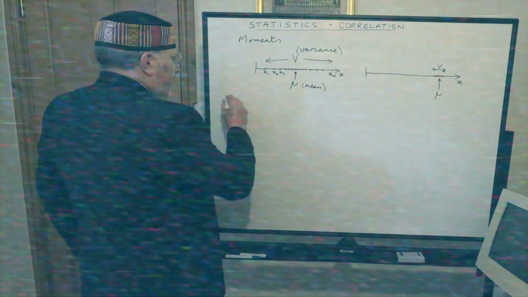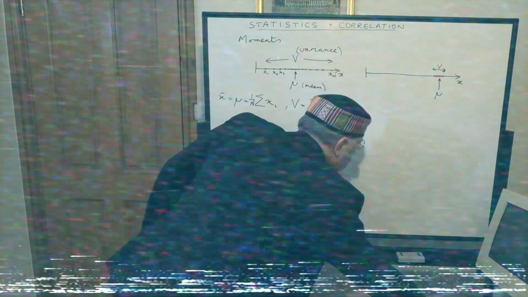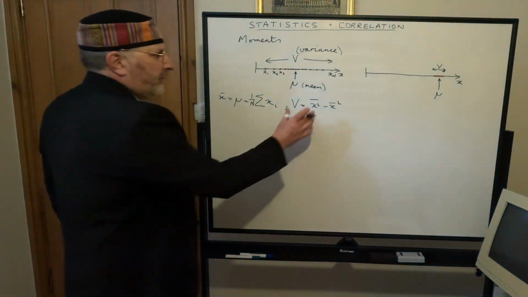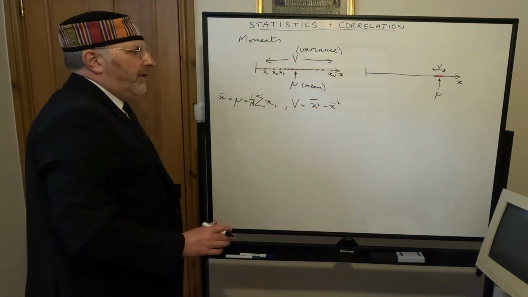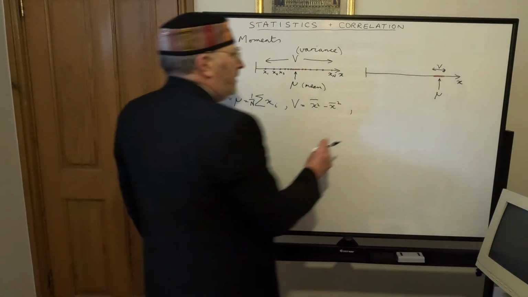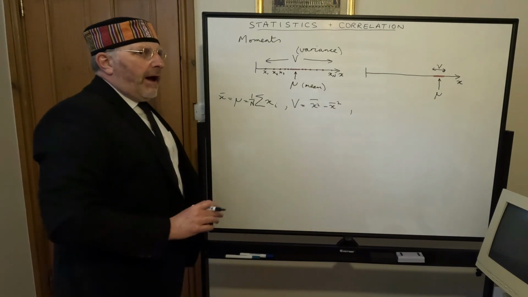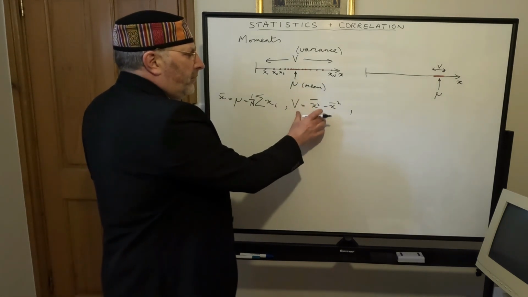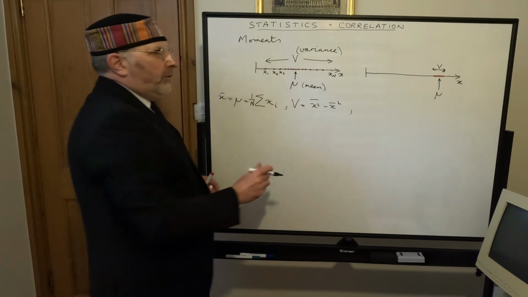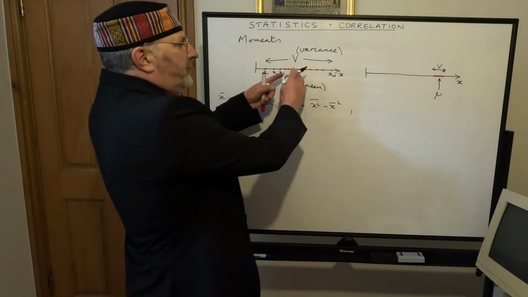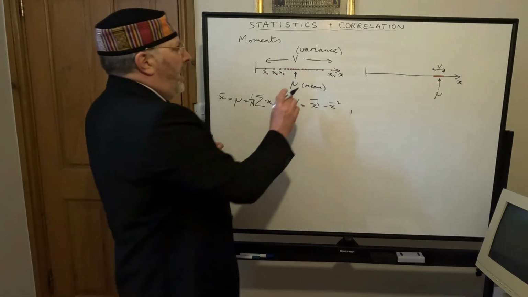So let's write those up again. Define the mean by that, and the variance is defined by that. But the variance is the square of these differences. What we can also do is take the square root of this, which will give us a better feel for the actual distances involved.